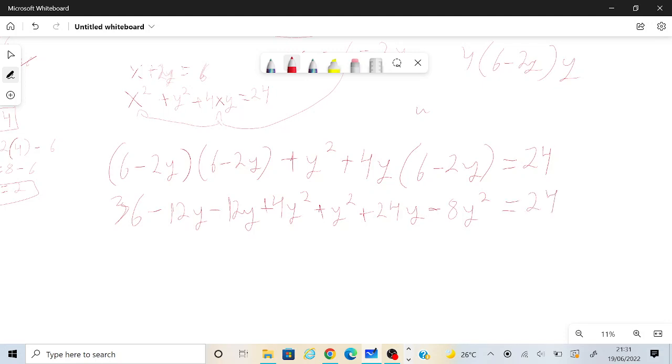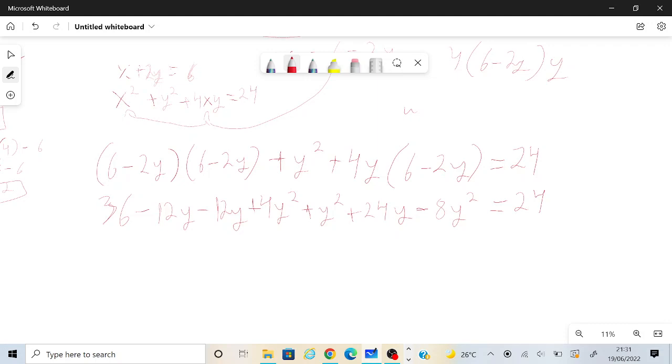So collecting our like terms, that's y squared, and minus 8y squared. We have 4 plus 1, that's 5, minus 8, that's minus 3, so minus 3y squared. Now looking at our y's, minus 12, that's minus 24, plus 24, that's 0, so essentially these will cancel out, so we have no y's. And looking at our independent term, that's 36, 24 would come here, so 36 minus 24, and that would give you plus 12.